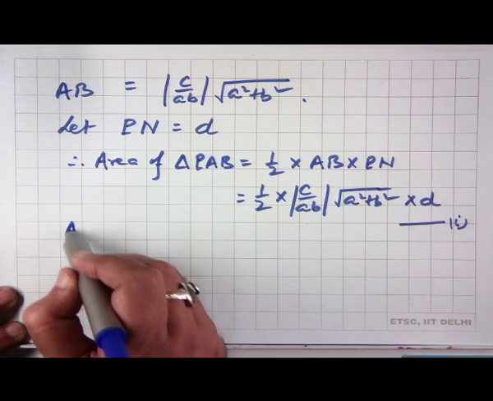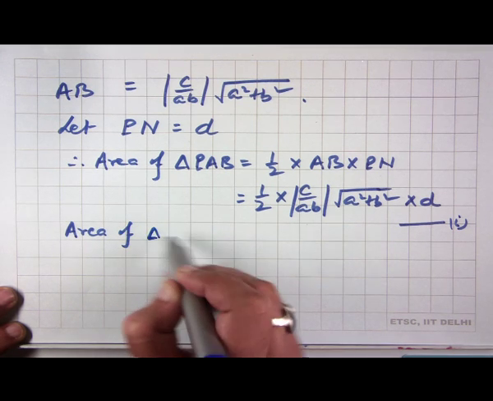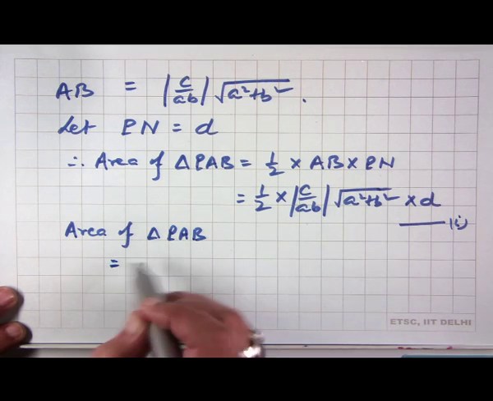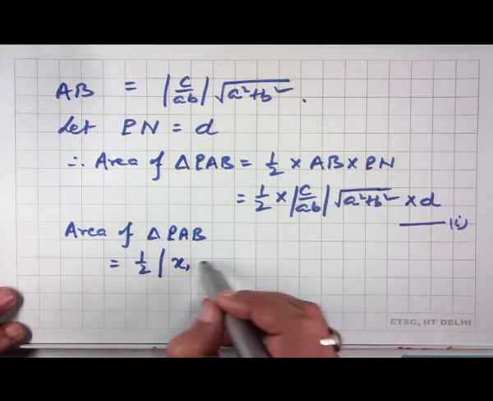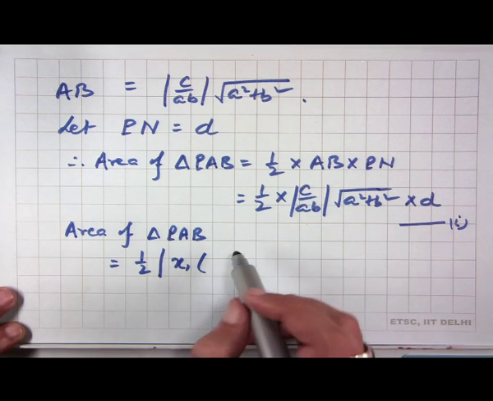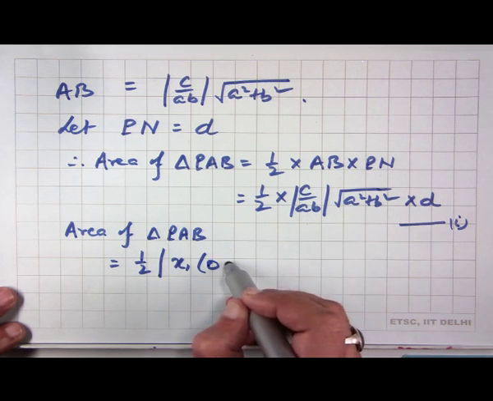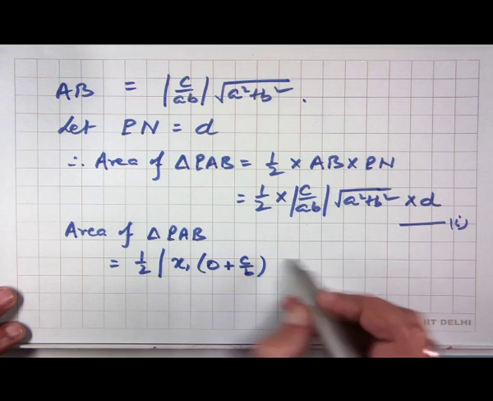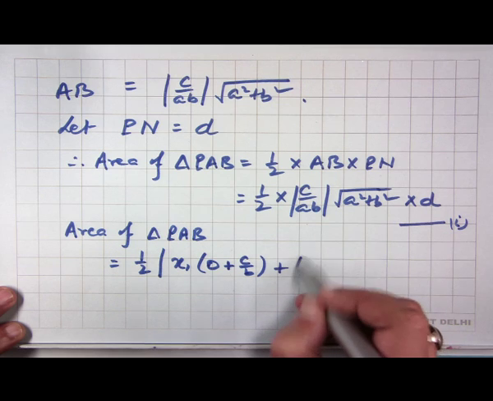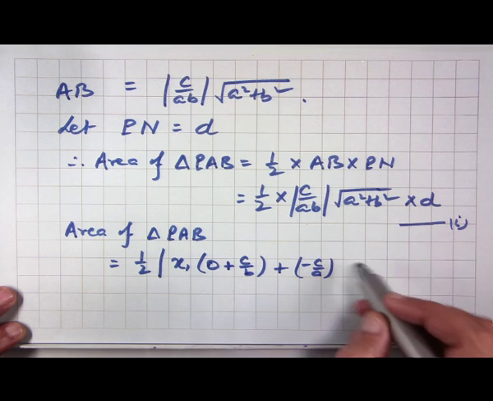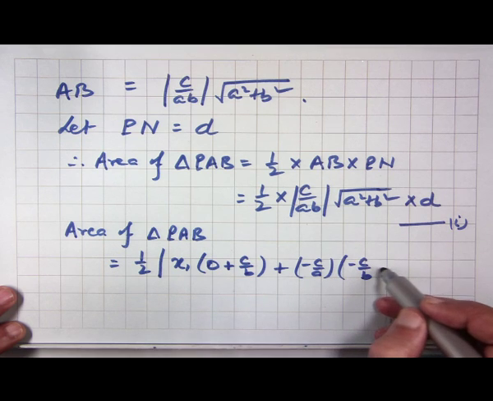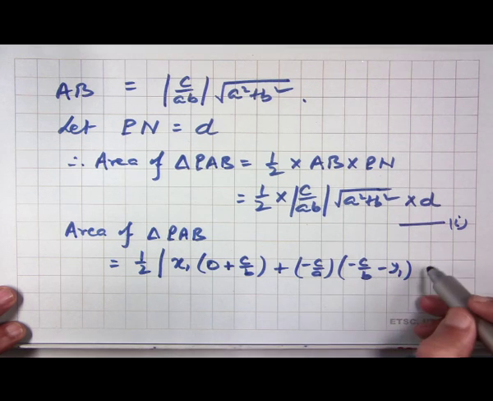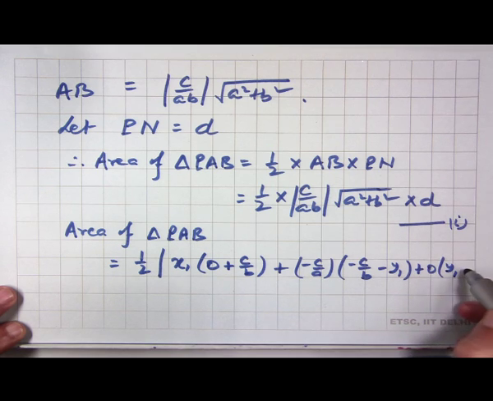So again we have area of triangle PAB equal to half into mod of x1 into (0 plus c by b) plus (minus c by a) into (minus c by b minus y1) plus 0 into (y1 minus 0).